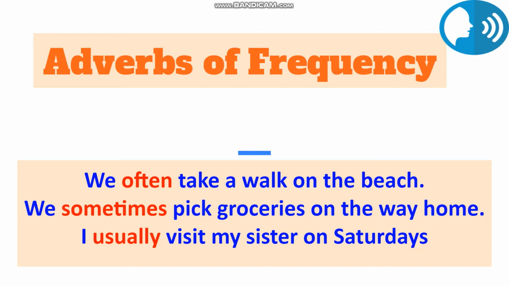So, we is the subject, take is the verb. So, we often take a walk on the beach. So, often is the adverb. We sometimes pick up groceries on the way home. I usually visit my sister on Saturdays.